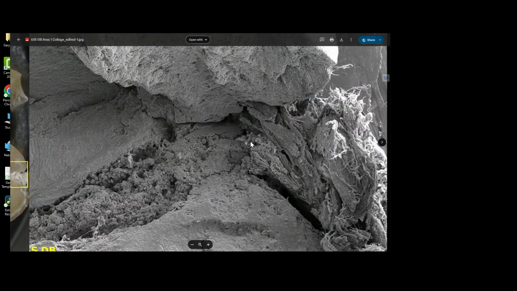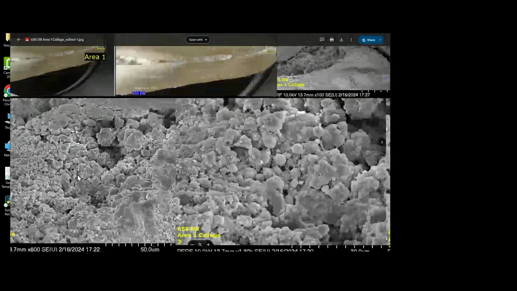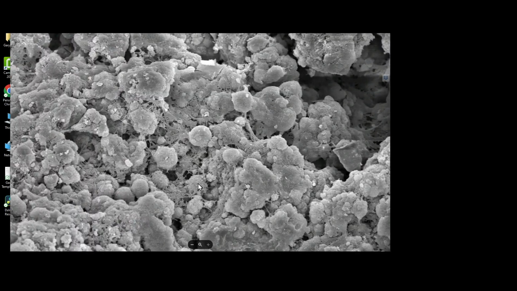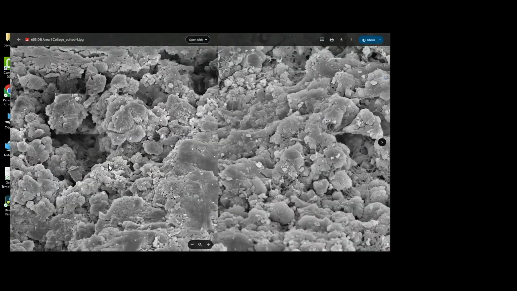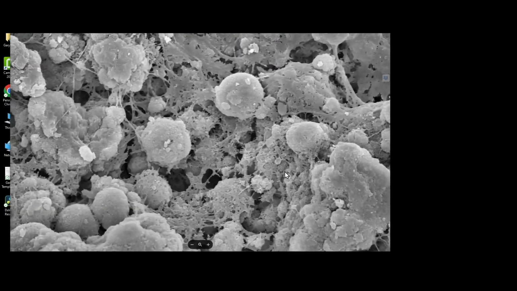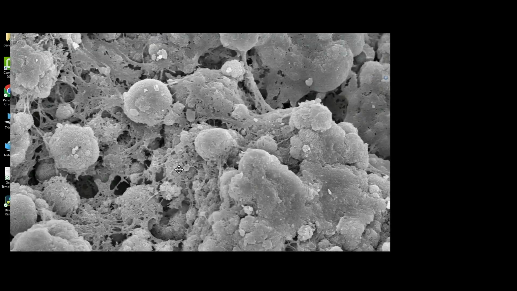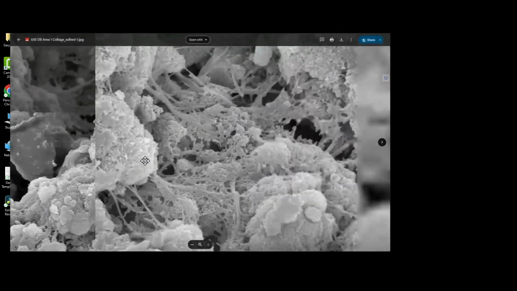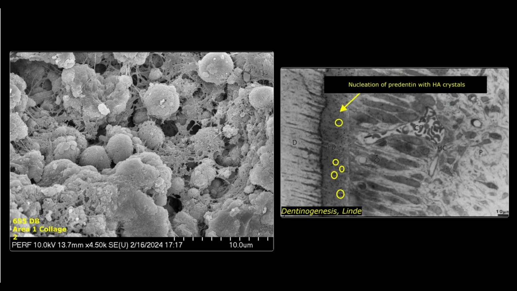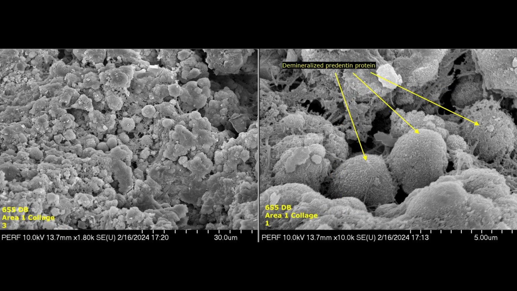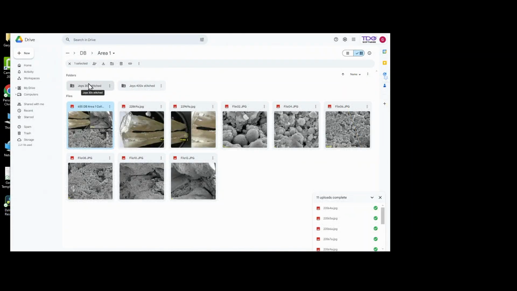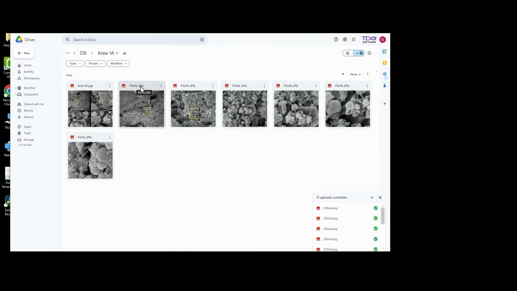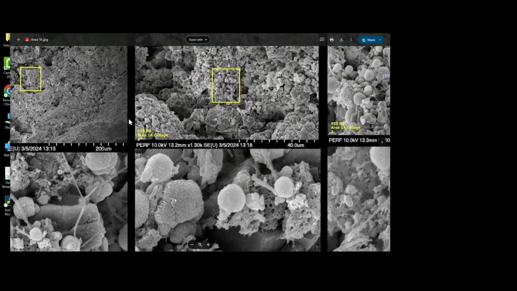When you look at some of these sections, you can see that you're in the predentin, and you can see the calcospheroids that look like they've been demineralized, but very little effect from the bleach. So this is where I believe we are. We're in the predentin here, looking at demineralized calcospheroids where the organic matrix has not been dissolved away.